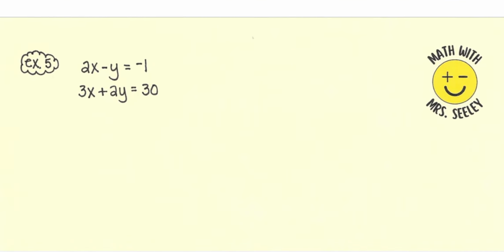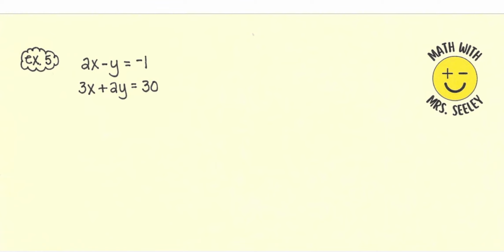Last one, once again, we have to decide what variable we want to substitute into the other equation. Looking through here, we can see that this one right here looks like the easiest one to get a hold of. It's all by itself. So I have 2x minus y equals negative 1, and we're going after that y term right there.